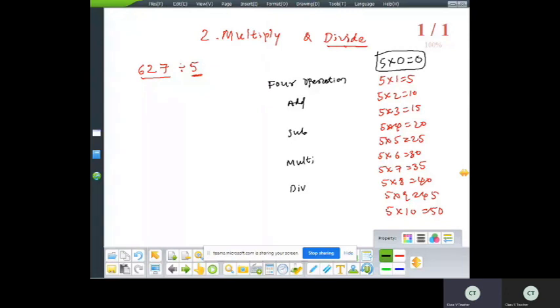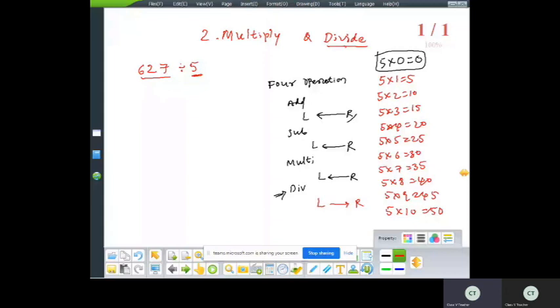And multiplication also, from right to left. But division is different. The process of division is from left to right side.